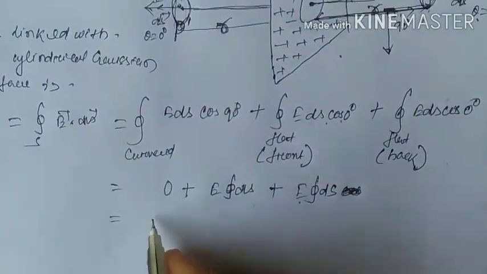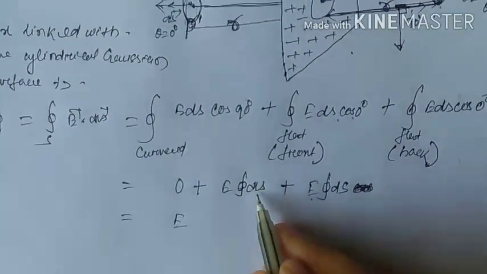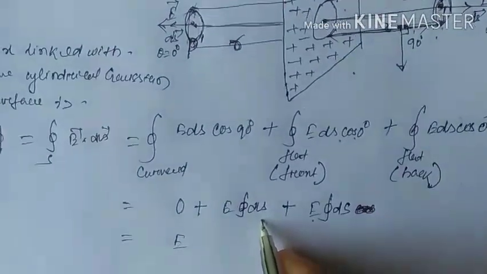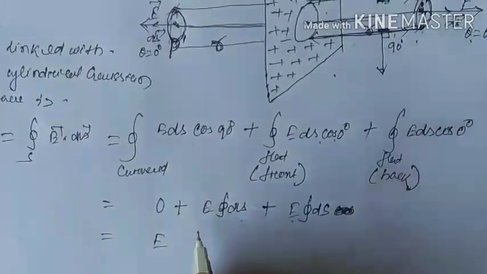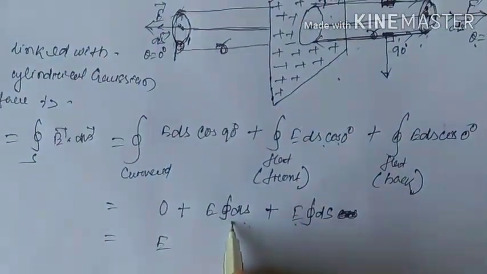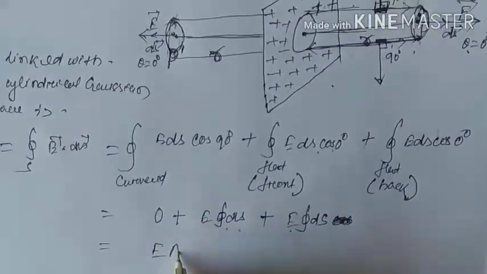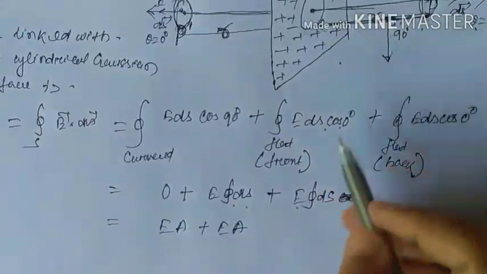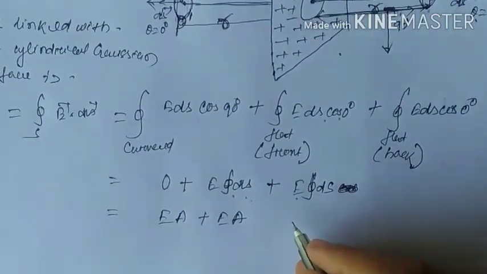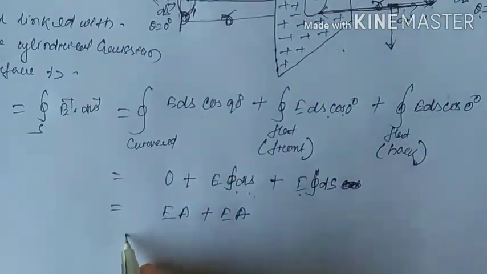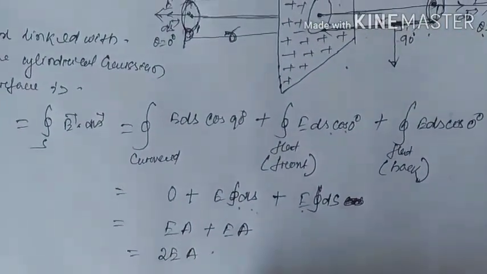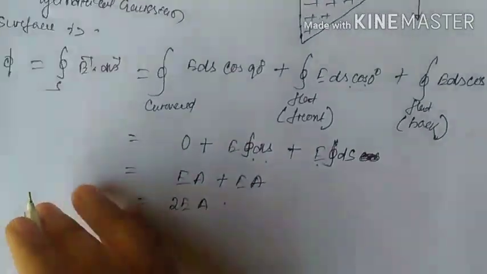So what we can write? E for this closed surface ds, let us consider the total area enclosed be A, right? Then what we can write? EA plus EA. Let A be my total area. Then this is equal to 2EA, right?